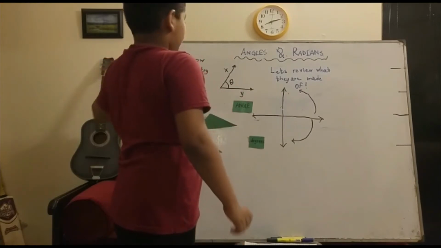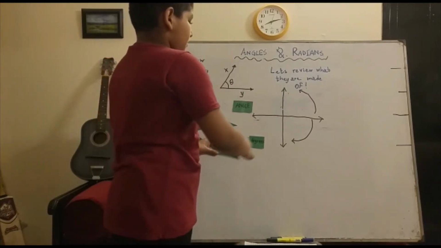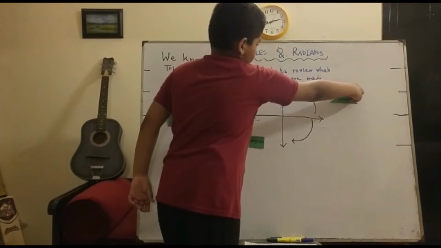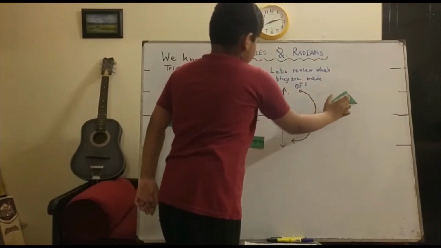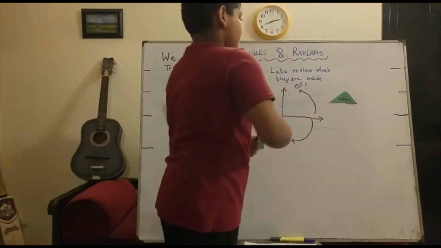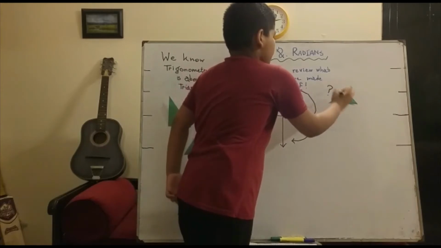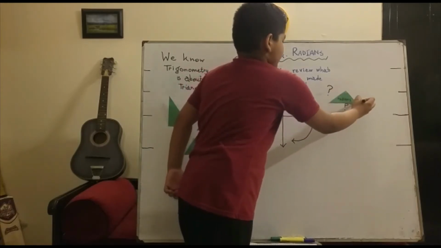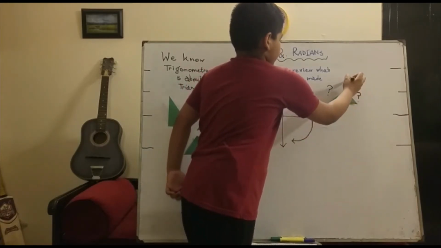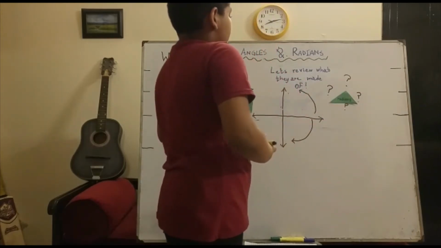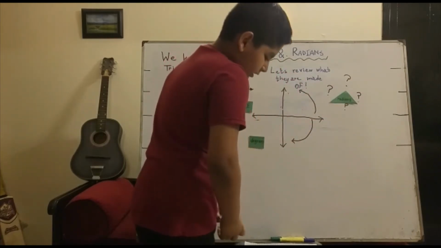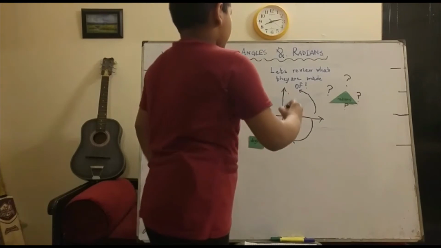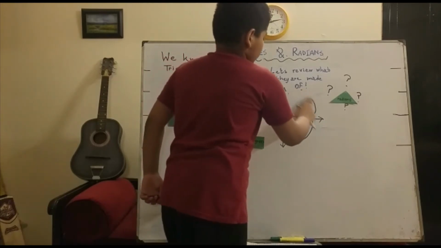But now, let's look at a new thing which helps us calculate angles, which are radians. Now, what are these radians? This is also a unit. Let's suppose the unit circle.